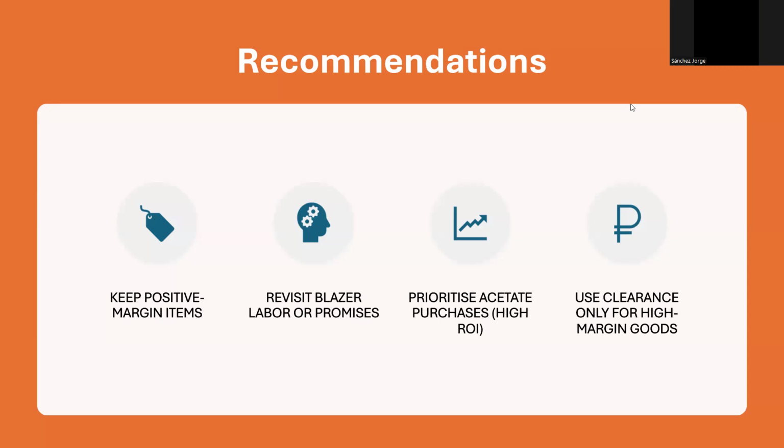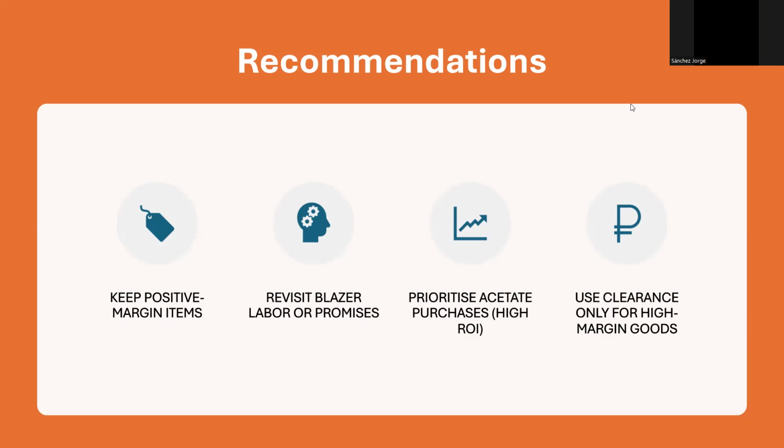So, for the final slide, certain recommendations. To wrap it up, here are the four major insights from our analysis: keep positive margin items, revisit blazer labor promises, prioritize acetate purchases, and use clearance only for high margin goods.